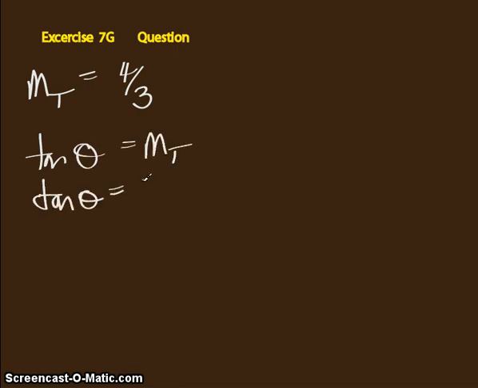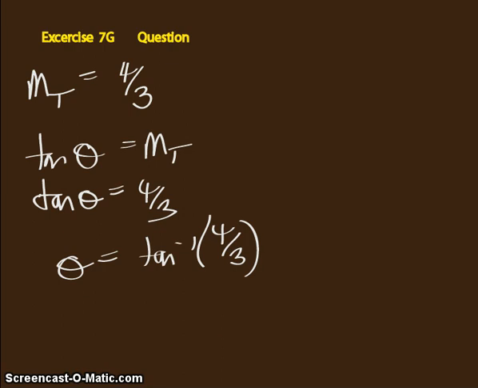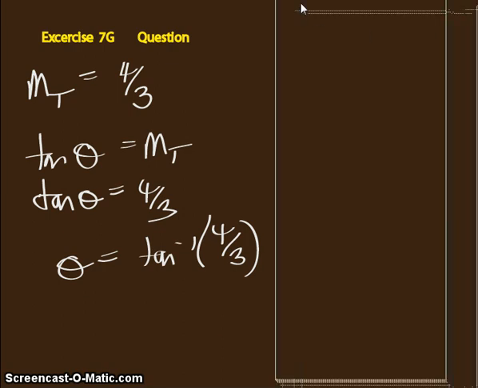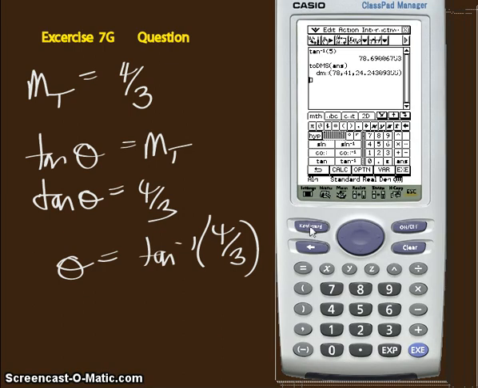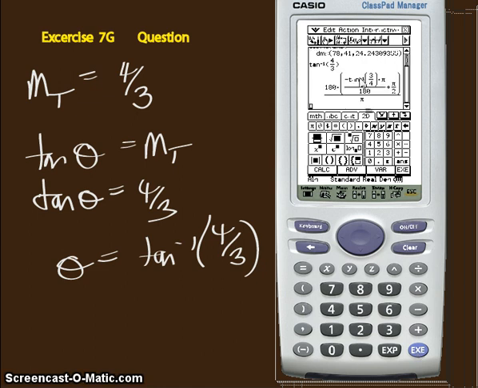So the tan of my angle is equal to 4/3, therefore the angle, so I just get out my calculator. What I want is the inverse tan of 4/3.